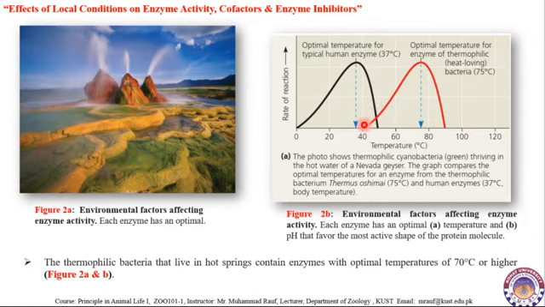On the other hand, the optimal temperature for the enzyme found in this thermophilic bacteria is almost 75 degrees. So there is a good comparison that the optimal ranges of enzymes also vary.